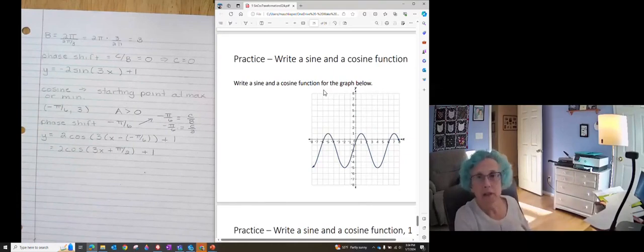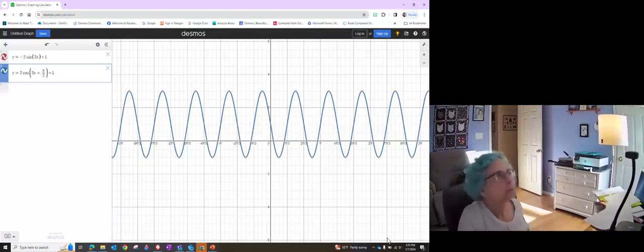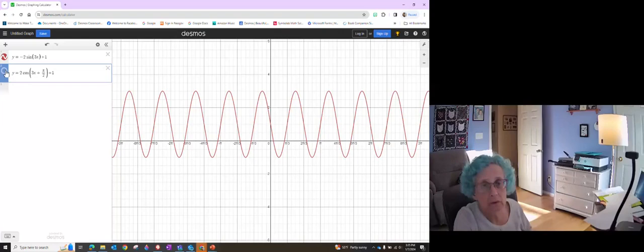Now, I'm going to plug these into Desmos and show that we get the exact same thing. Okay, you can't see the first one because they're exactly the same graph. There's negative 2 sine of 3x plus 1. There's 2 cosine of 3x plus pi over 2 plus 1.